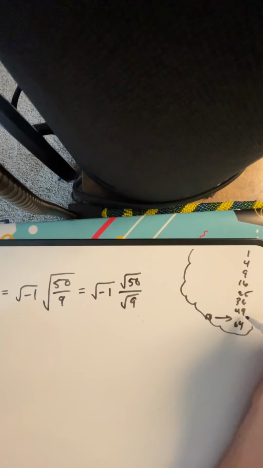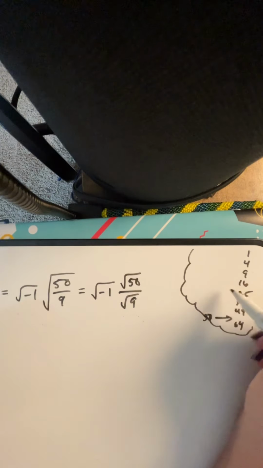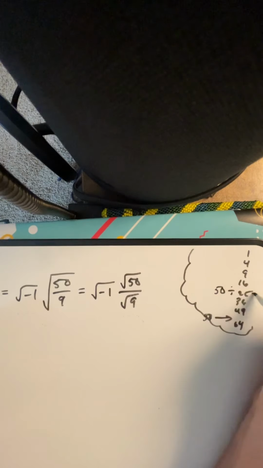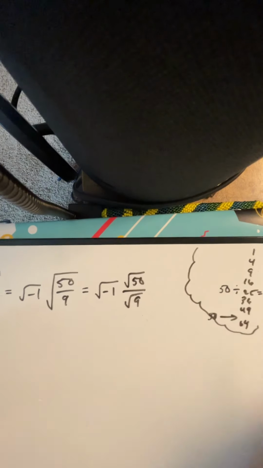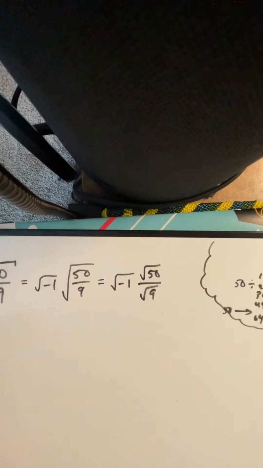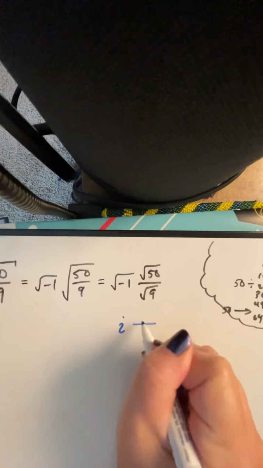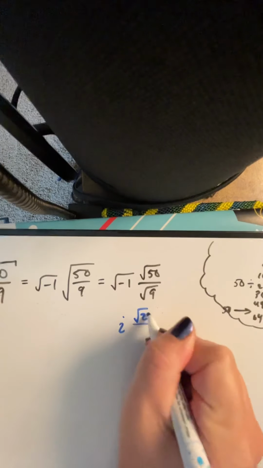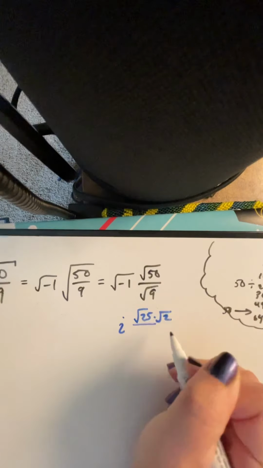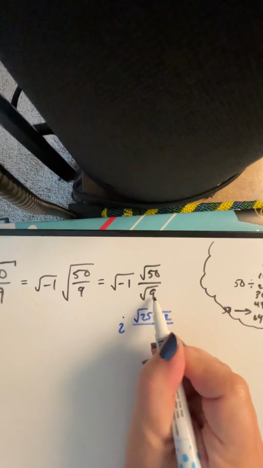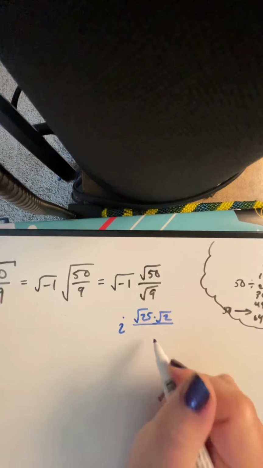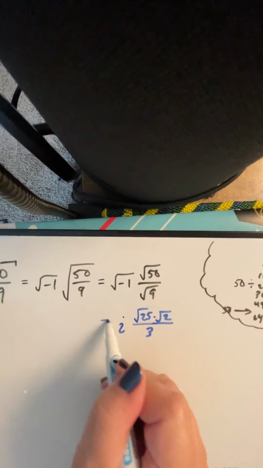So I'm going to divide 50 by 49, I get a decimal. 50 divided by 36, I get a decimal. 50 divided by 25 gives me a perfect solid 2. So I can rewrite this expression here as i, and then square root of 25 times square root of 2, and then evaluate the square root of 9, which is 3.